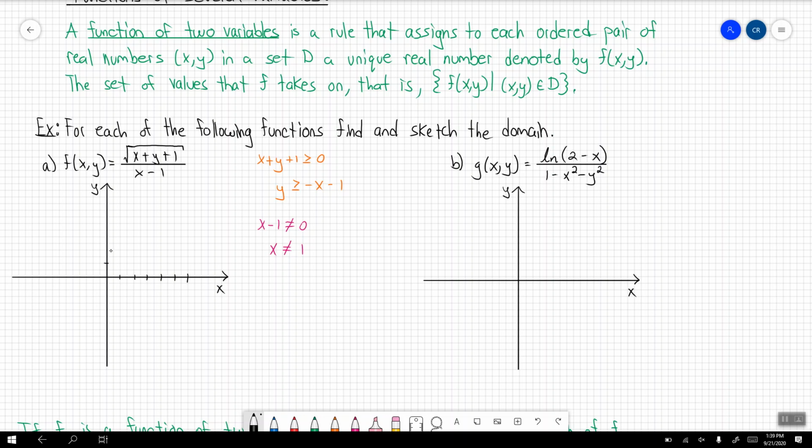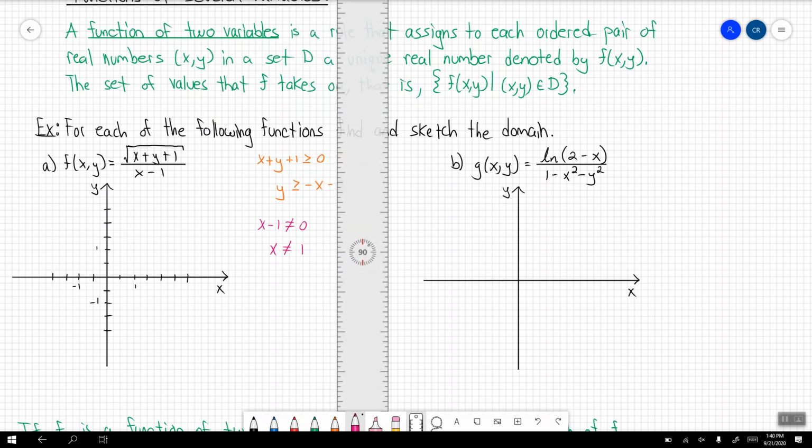Okay, so what I'm doing right now is putting tick marks on my grid. Perfect. And I'm going to identify 1 and -1 on my axes here.